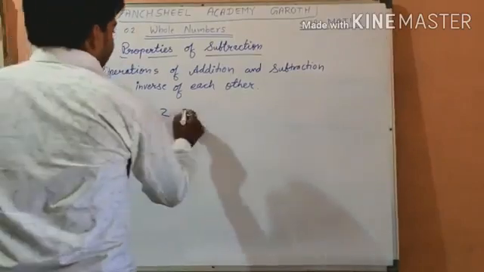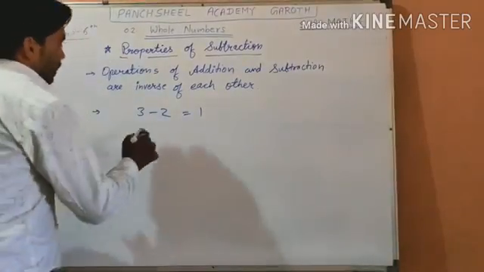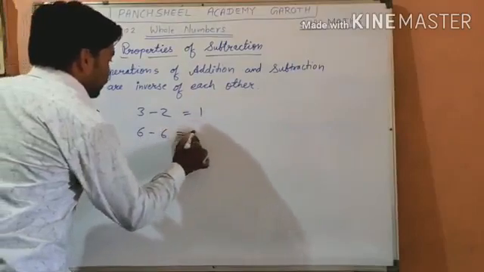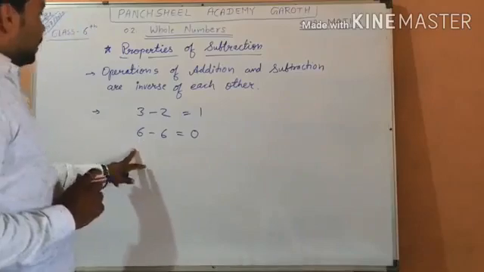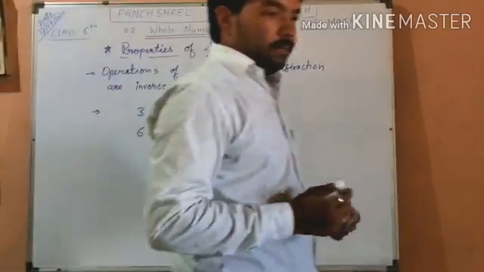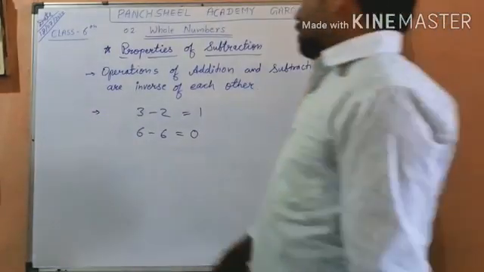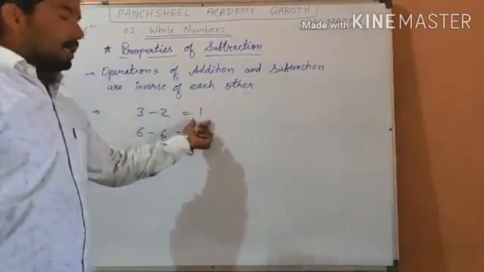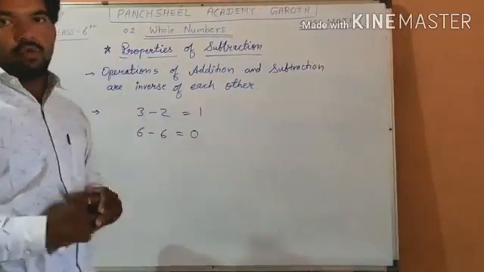If I subtract 6 minus 6, we get 0, which is also a whole number.